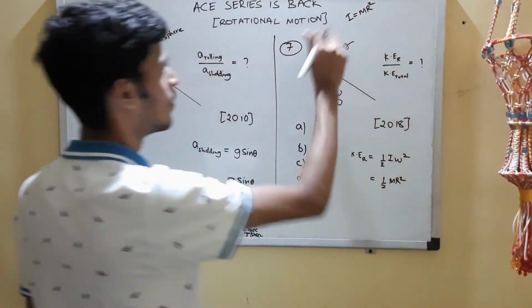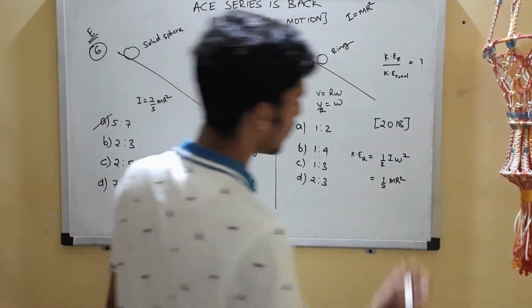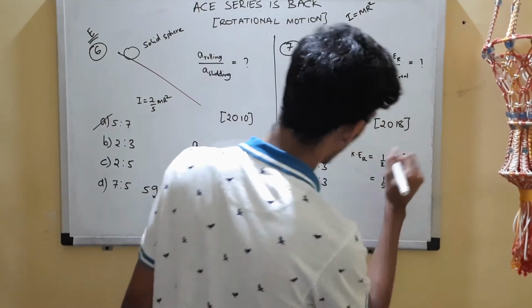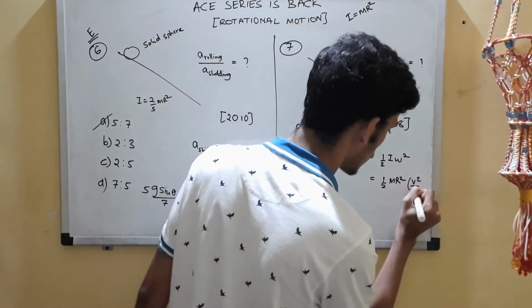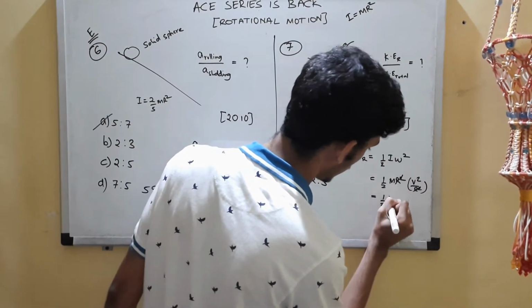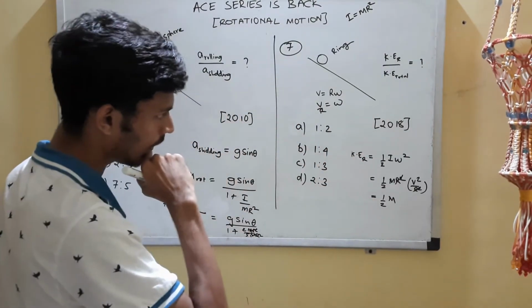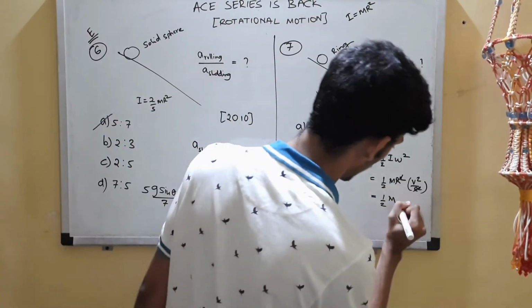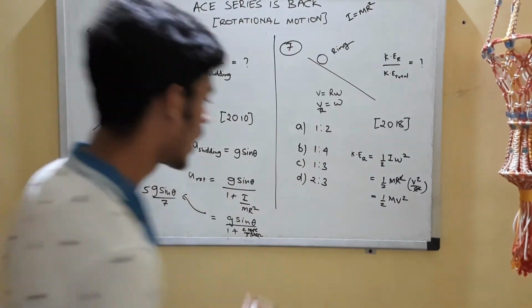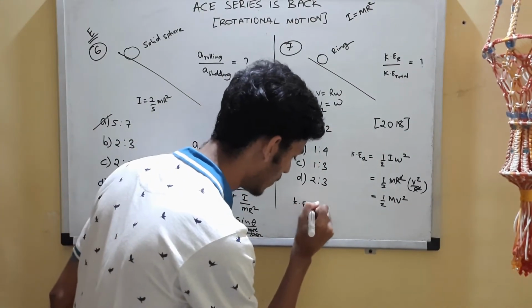Remember this for all the continuous bodies. Omega square will be v square by r square. R square will get cancelled. Rotational kinetic energy is half mv square. Interesting.